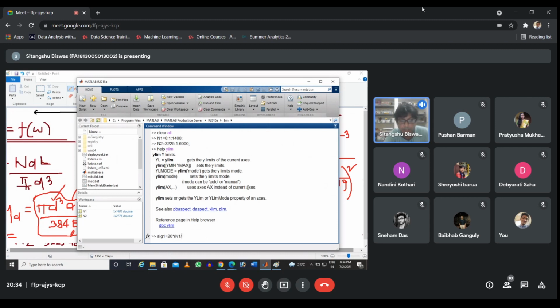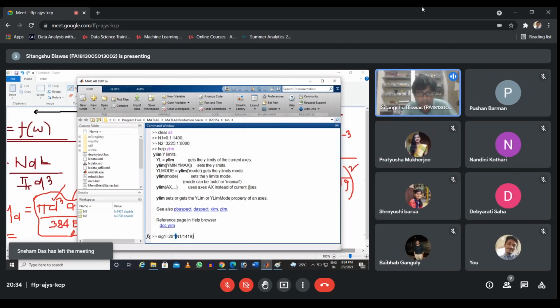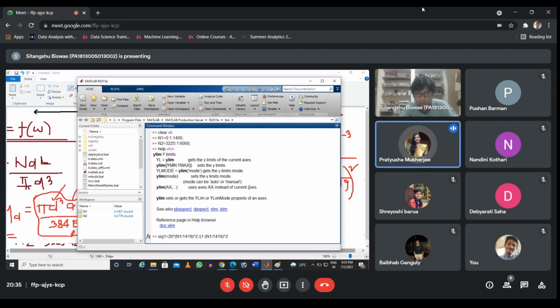So n1 by your critical speed is how much? 1419, that is square, divided by 1 minus n1 divided by 1419. So the constant is coming 0.056. No, there will be some mistake, it will come some big value only.